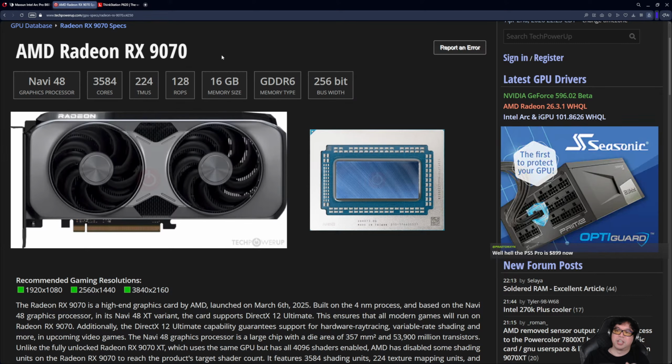You don't have to buy a case. You don't have to buy RAM. You don't have to buy a CPU or all these other things, power supply, blah, blah, blah. You don't have to buy any of that stuff just to play the games. So yeah, I wouldn't be surprised.